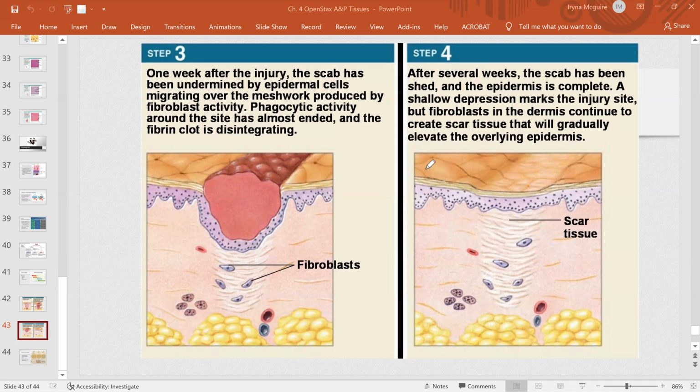Now, this is our last step, step number 4. After several weeks, the scab has been shed and the epidermis is complete. So the epidermis over here actually heals by regeneration.